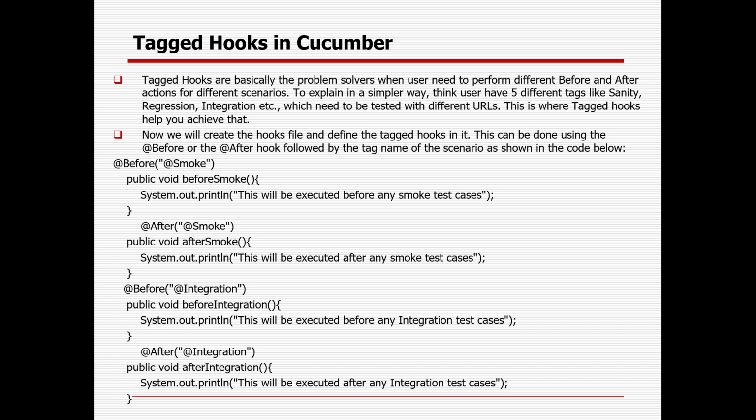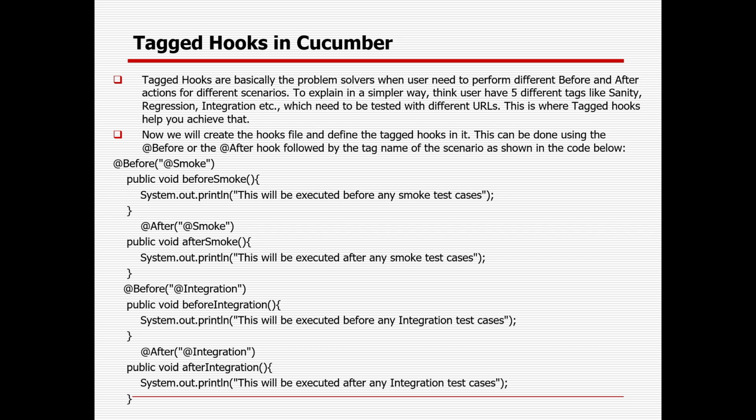Then tagged hook. We already implemented the tags and we already implemented the hook as of now. Here Cucumber has only two hooks available, before and after. But sometimes, based on your scenario, say you want to run a smoke test, your environment might be different. You want to run an integration test, your environment might be different. You want to run a UAT test, your environment might be different.